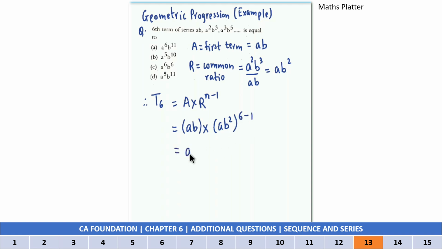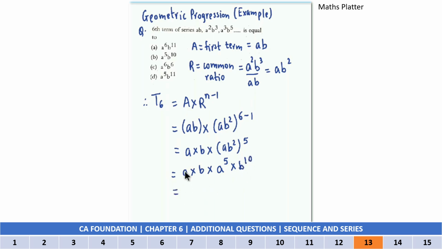So we have A into B into AB square raised to 5. We use laws of indices here and we obtain A into B into A raised to 5 into B raised to 10.